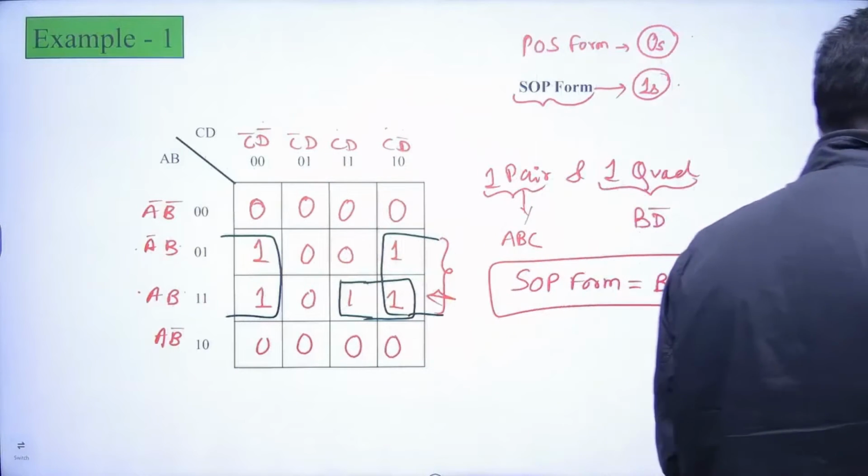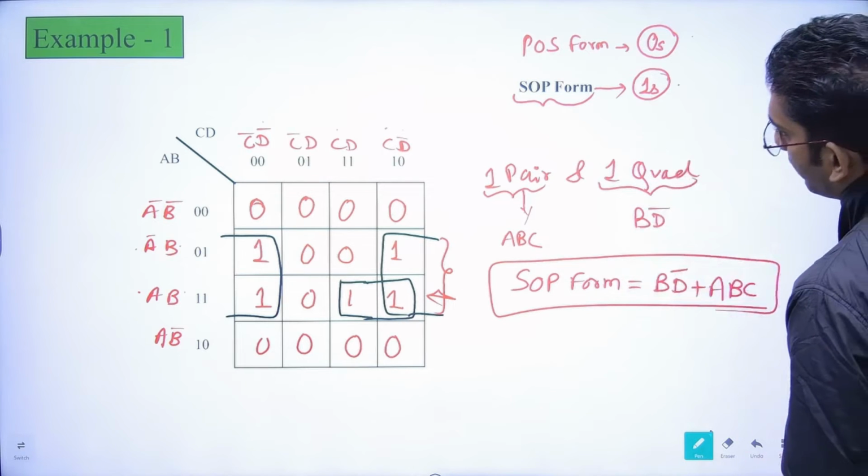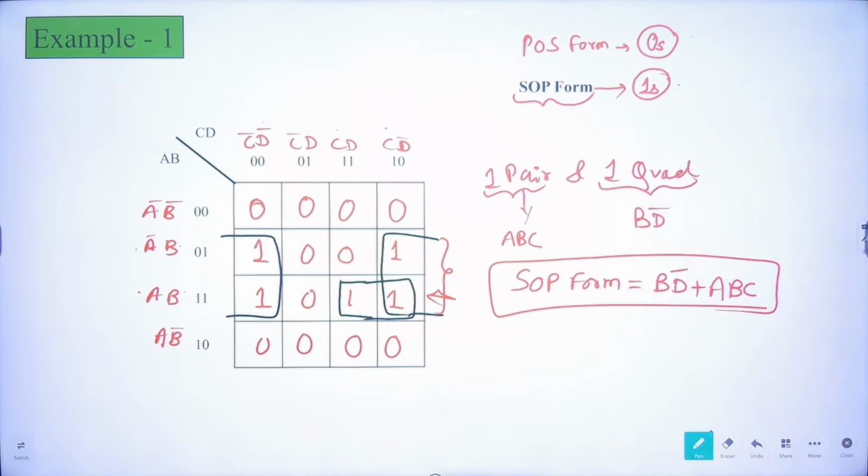Okay. Now, you can have a look at how we have solved it, and how we have written the SOP format of this particular example, fine. These values I have taken on my own, for taking the example into consideration.